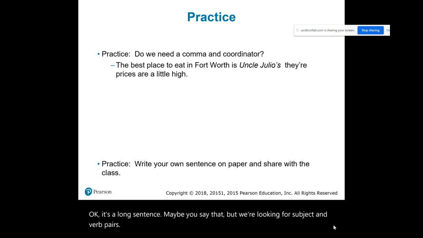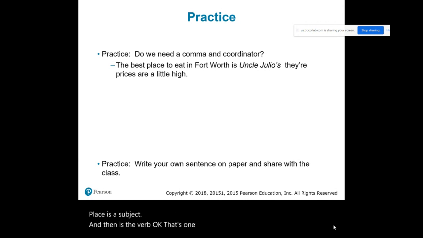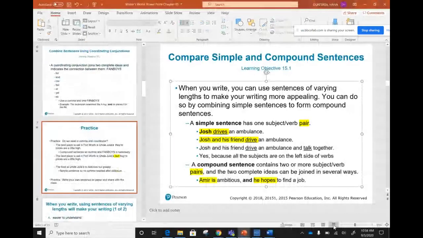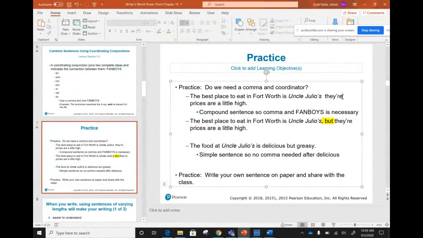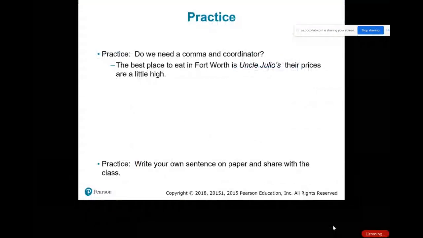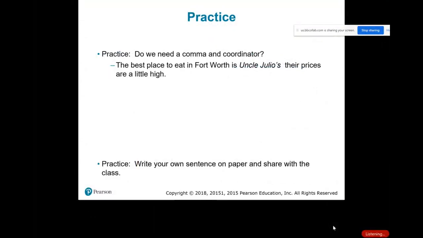So we have place. Place is a subject, and is is the verb. Okay, that's one pair. And then we also have their prices. Oh my gosh, look at me, I misspelled this. I did this last night and I was so tired. Okay. So their prices.